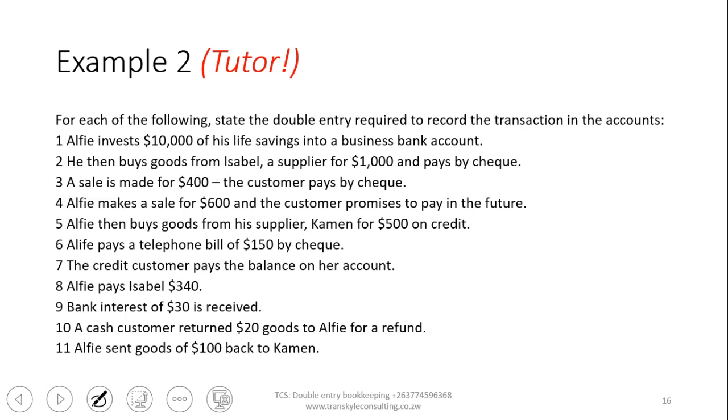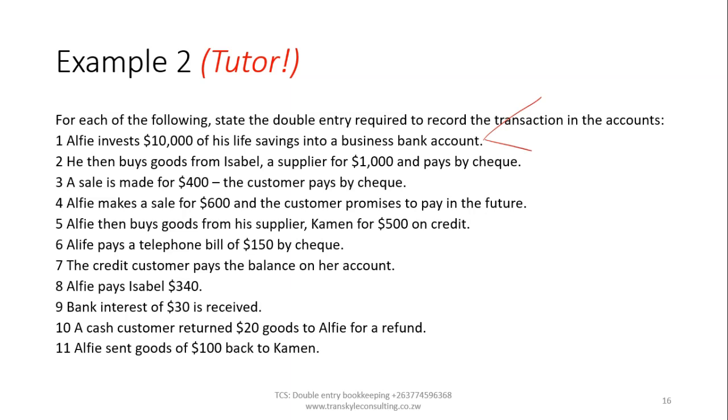Number 1, Alfie invests 10,000 of his life savings into a business bank account. So this is capital. He's investing capital into the business bank account.